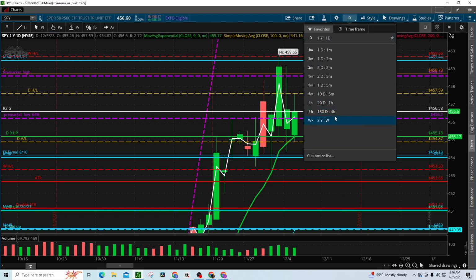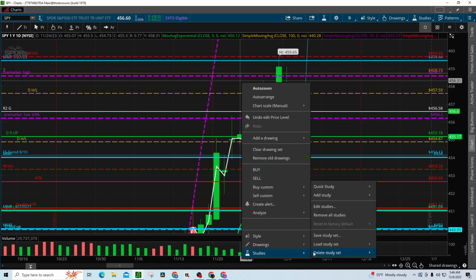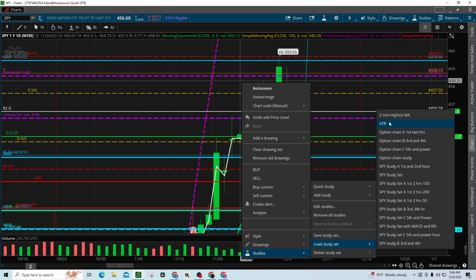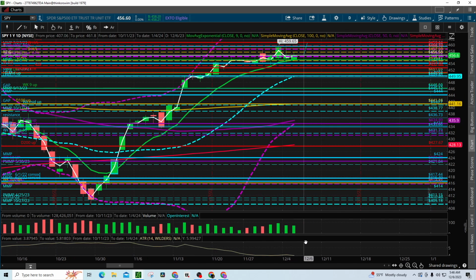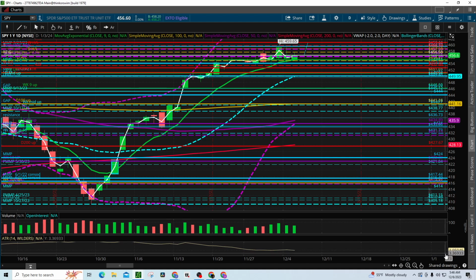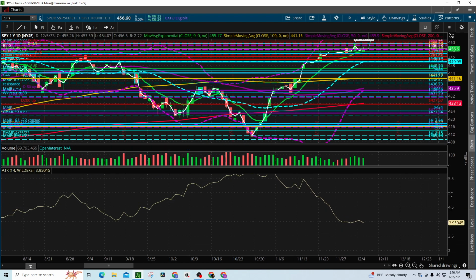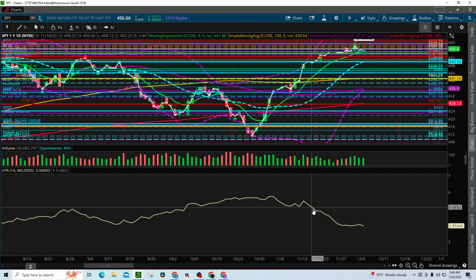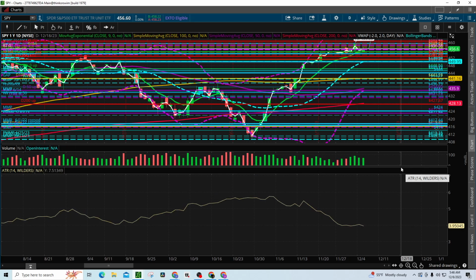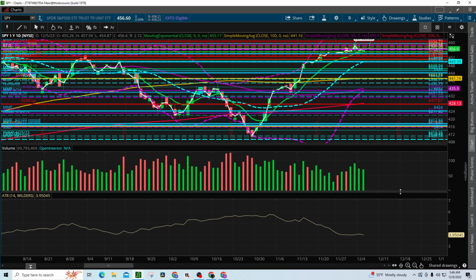On the daily chart, I also want to know what ATR is. So I'm going to load up ATR. And that just brings up this line here. ATR for today is 395. It hasn't changed much. If you look at the ATR, as the ATR drops, then you're going to have smaller daily moves, which means it's choppier.